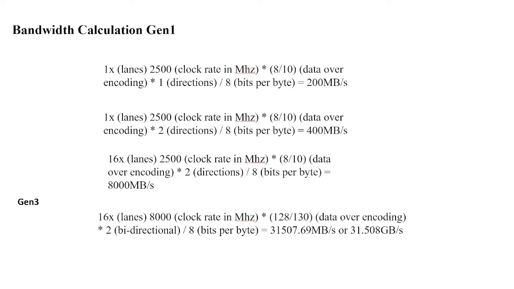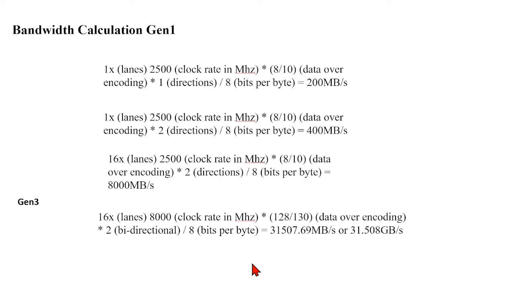In this video, we'll see how to calculate bandwidth in PCIe with the different generations. As I told you in the previous video, we have different types of generations, from Gen 1 to Gen 6 till now.